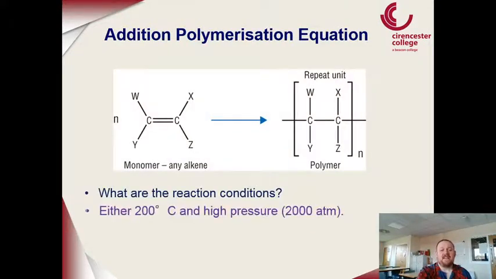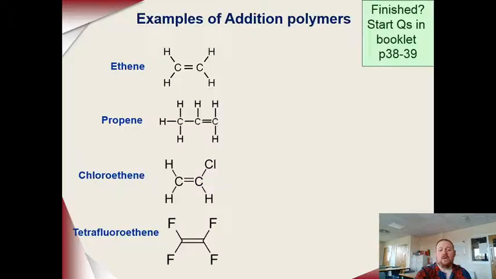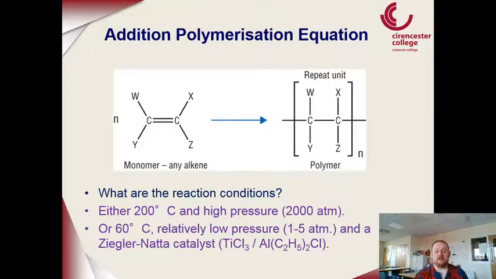So this is what our polymerization equation is going to look like. We have our monomer here, and this is the carbon-carbon double bond which the monomer is based around. We have our groups here, W, Y, X and Z. They could be anything as long as we're based around this carbon-carbon double bond. We can see we have N of them, so we have a certain number of them.